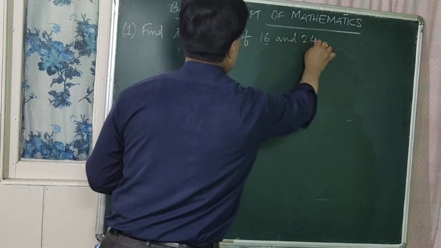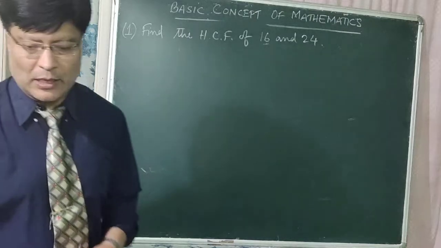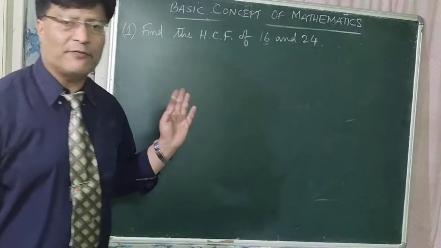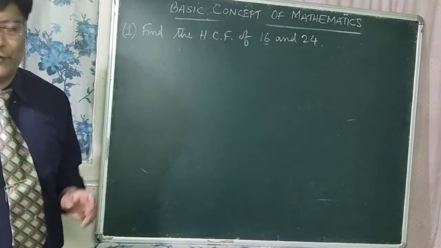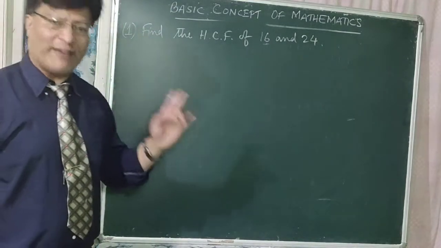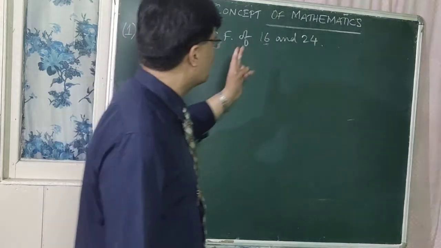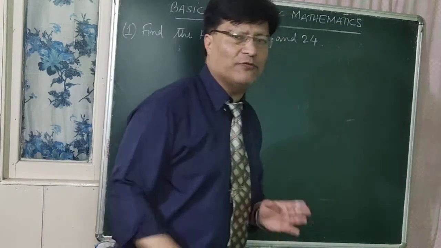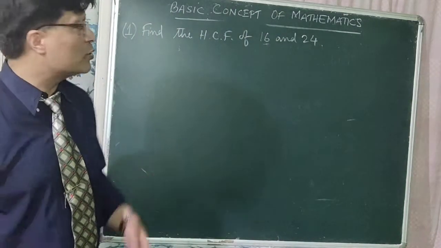So now you have to find the HCF for both 16 as well as 24. That means you have to find the greatest common factor which will divide both 16 and 24 completely. No remainder should be there.